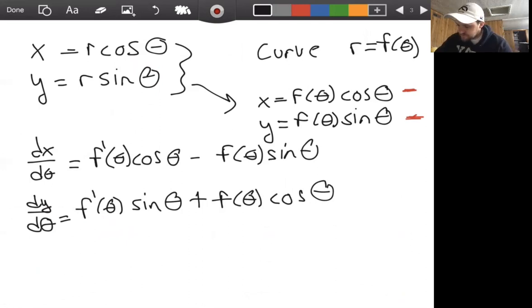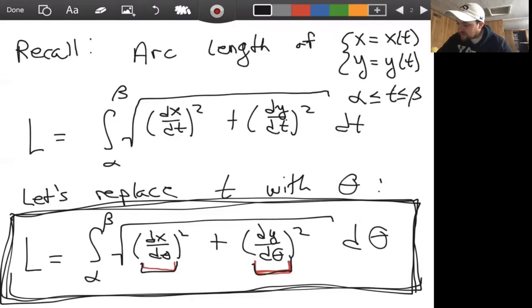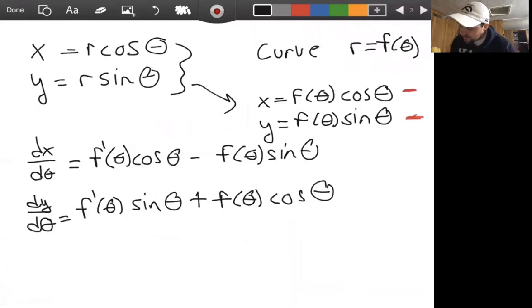So let's look at what we have here. We have L now equals the integral from alpha to beta. I'll just leave that open for now. We have f prime.